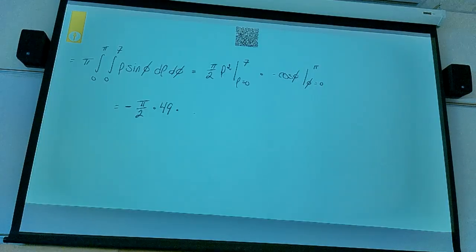Negative 1 minus 1, negative 2. We're left with just 49 pi.